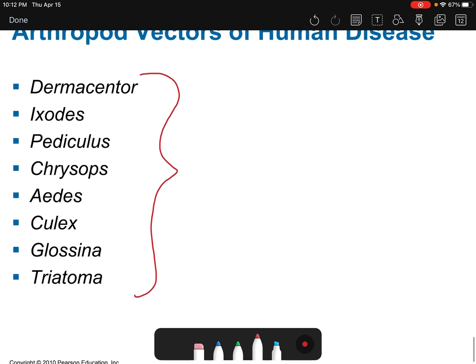So we don't have a lot of notes for this section because a lot of it is going to be you researching some vector, parasitic worm, or parasitic protozoan and finding out what disease it causes and how it's passed on. And is it a human person who is a host, or an animal, or does it spend part of its life cycle in both?